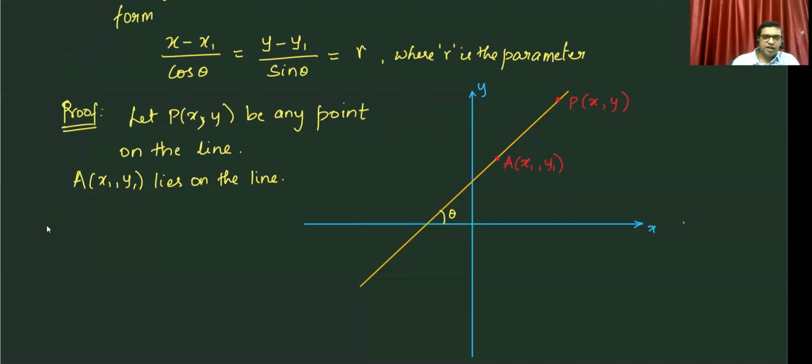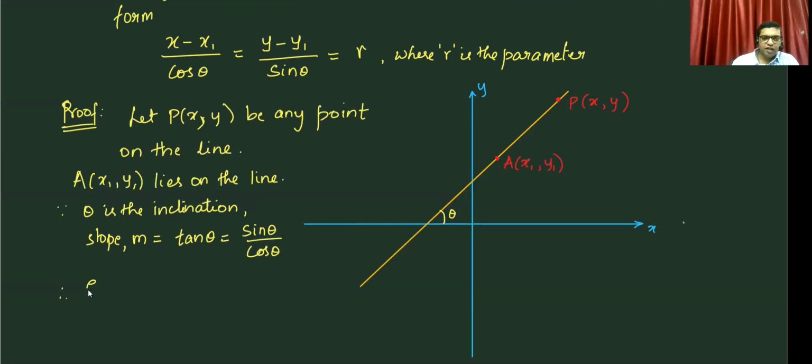Since theta is the inclination, slope m will be equal to tan theta, which is sine theta upon cos theta.